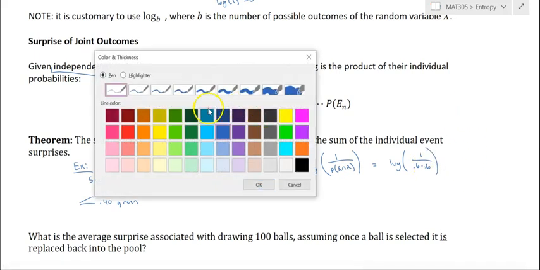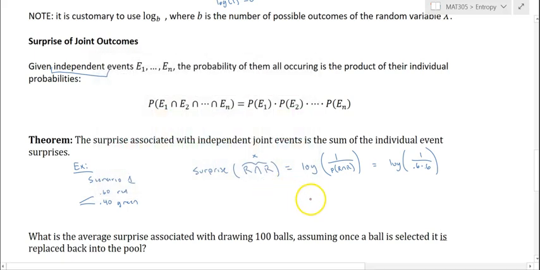Now here's where it comes in handy to recall a couple of properties of logs that will help us support this theorem. We won't need all of these right now, but I'll go ahead and list them out. Property 1: the log of a product of 2 quantities is the sum of their individual logarithms, so log of a times b is the log of a plus the log of b.